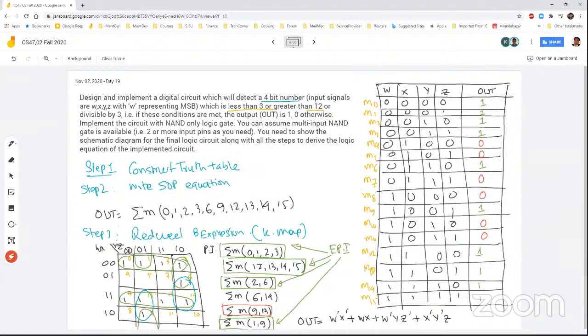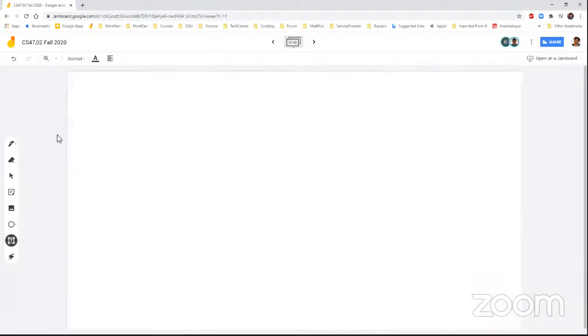Okay. So now we did the first part, and now what we need to do is make a NAND only equation or expression out of this. So let's do that NAND only expression. So what expression do I have?